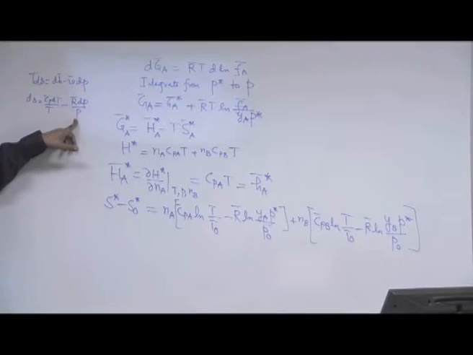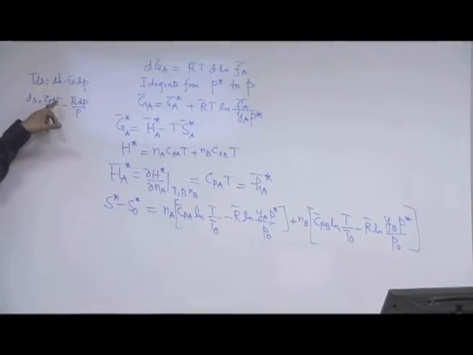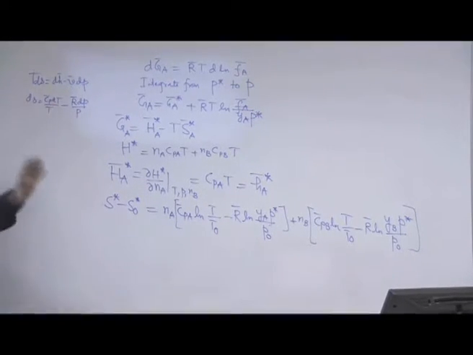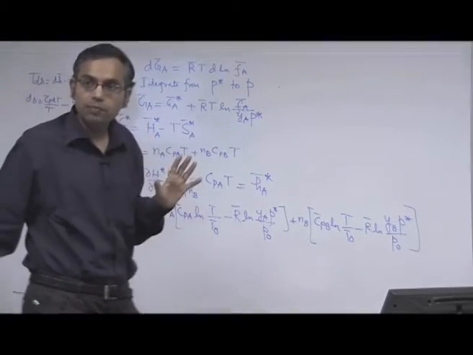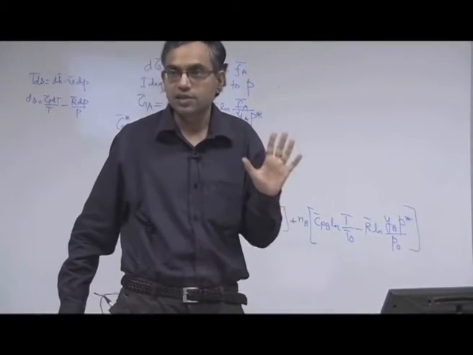When can you not write this as Cp ln T2 by T1 minus R ln P2 by P1? For example, consider the first term: if Cp is a function of temperature, then you cannot write it. Ideal gas means Cp is a function of temperature and only temperature, nothing else.